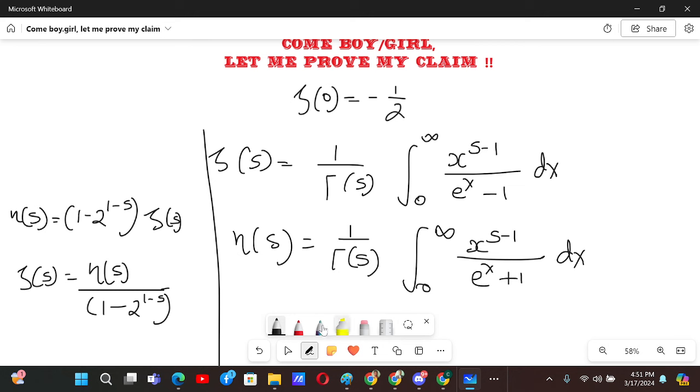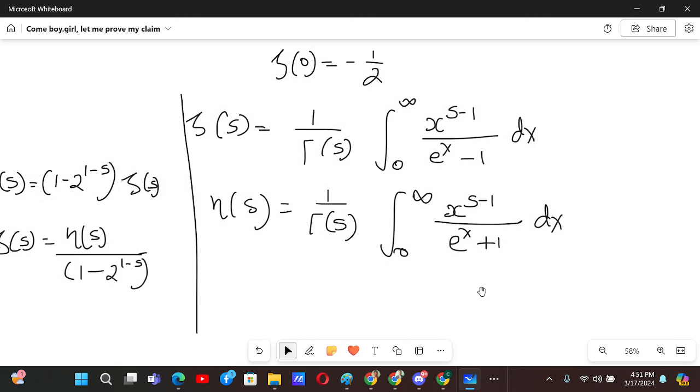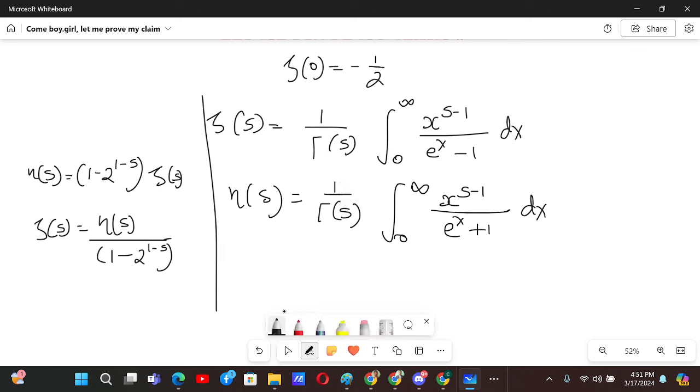We can use this formula and then get another integral representation. That means zeta of s is equal to eta of s by 1 minus 2 to the power 1 minus s, and then 1 by gamma of s.